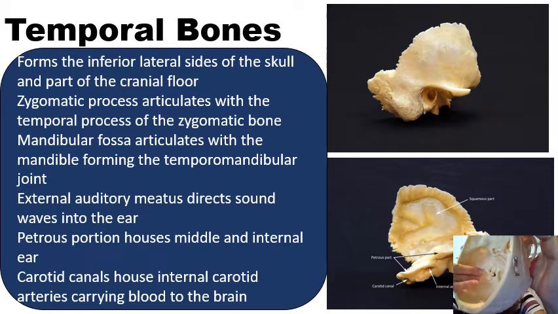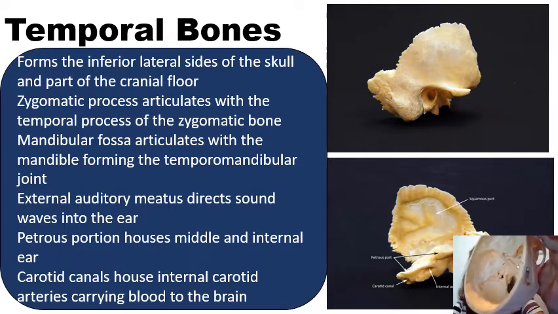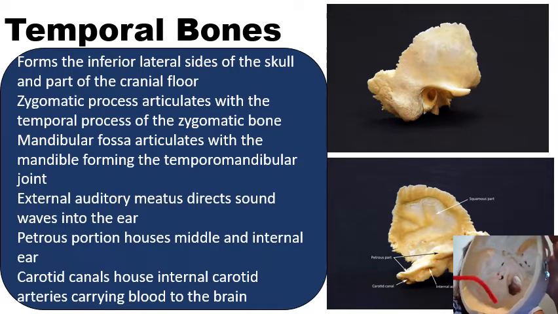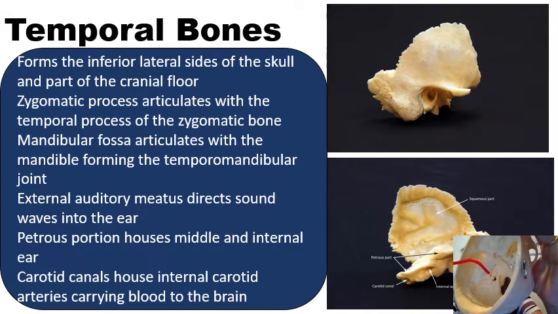The petrous portion of the temporal bone houses this big Rocky Mountain thing right here. This houses the middle and inner ear, and as sound waves come through the external auditory or external acoustic meatus, the nerves that exit the ear to go to the brain are going to come out through the internal acoustic or internal auditory meatus.